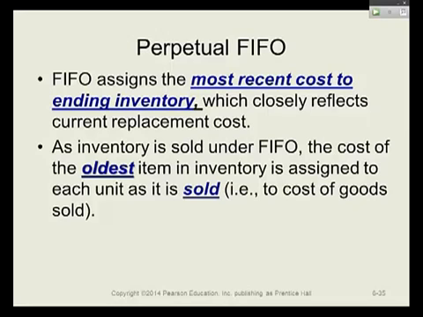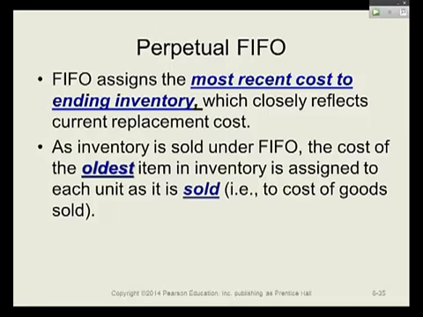If the first one's in is the first one's out, then your cost of goods sold has to be the oldest. And what you have to start thinking about more analytically, from an accounting perspective, yes, you have to know this as well. But we're thinking about a broader range of majors in this room. If you're thinking about this from a management issue or a finance issue, if prices are going up and I assign the most recent cost to ending inventory, it should be higher than under the other methods, correct?